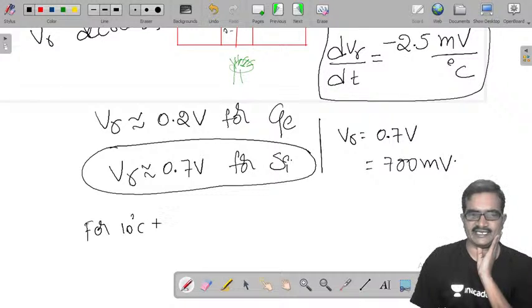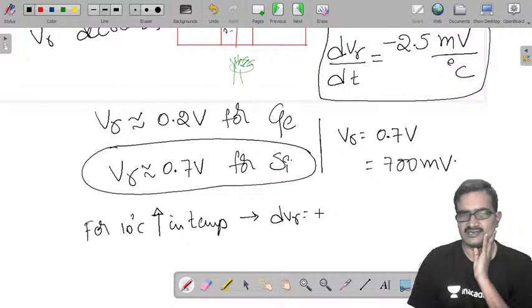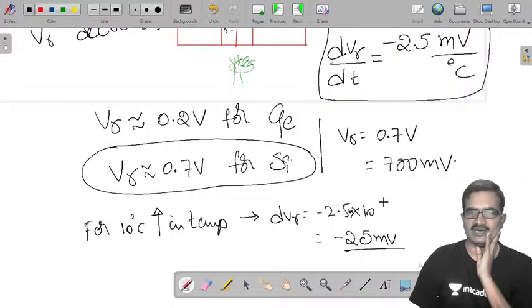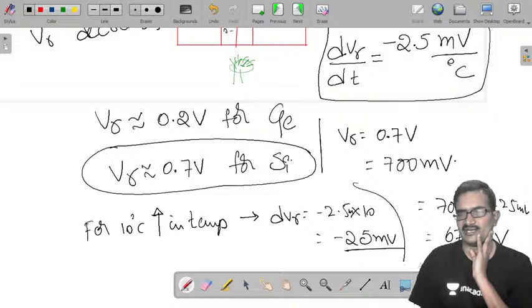For a 10 degrees centigrade increment in temperature, the change in Vγ is minus 2.5 into 10, because for every 1 degree centigrade it is 2.5 milli, so it is minus 25 millivolts. Now after increasing temperature, the new value is 700 millivolts minus 25 millivolts, which is 675 millivolts, which is 0.675 volts.